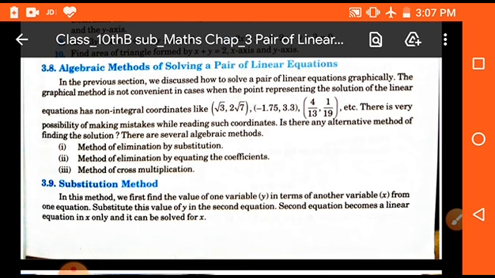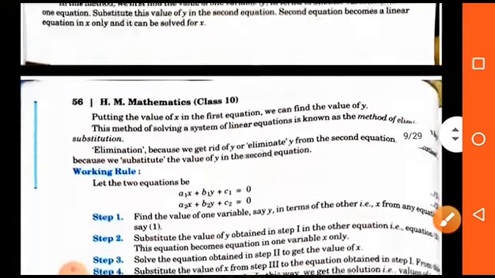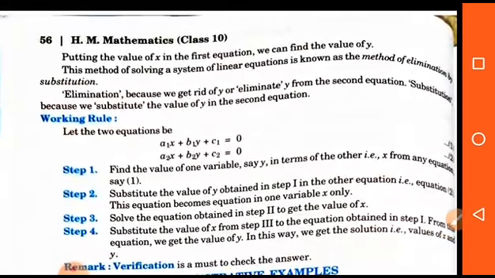We will discuss each method one by one with examples. So the first method is the substitution method. Students, in this method we have two equations, and from one equation we find the value of one variable, and we put the value of that variable into the other equation and we get x or y.